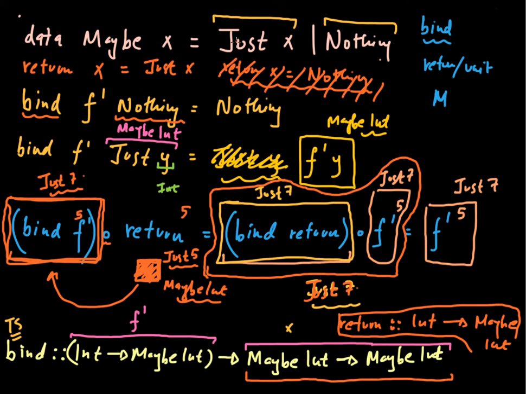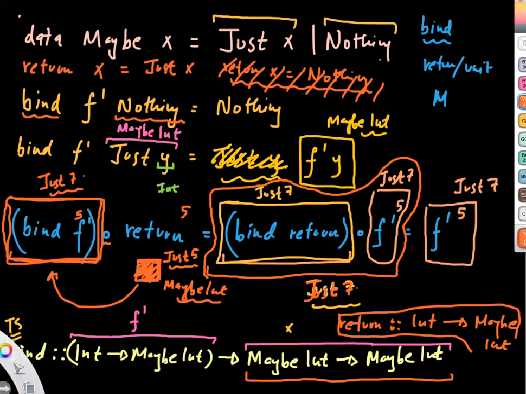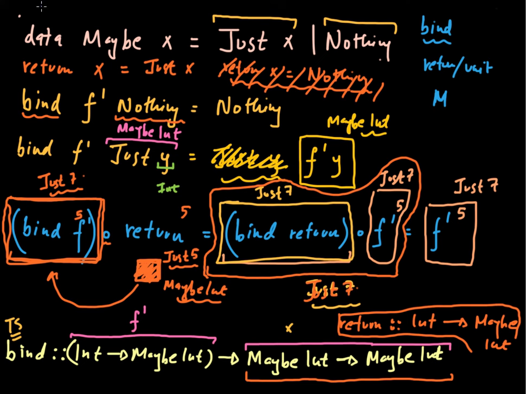So this is basically what the maybe monad is. We got the implementation of bind and the implementation of return. Remember we are playing with a very specific example, but let me generalize this. My function f prime was a function that went from an integer to maybe of integer, and g prime also happened to be a function that goes from integer to maybe integer.